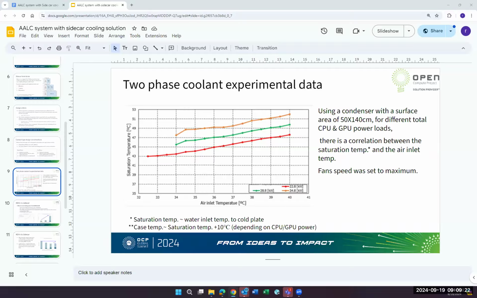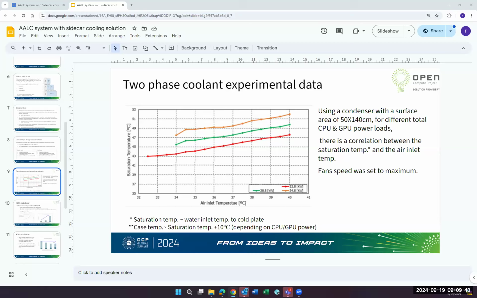But if you needed case temperature to be 40, for example, this is the temperature for the H100 GPUs, then you will need to limit the air temperature input to around 25. This is what this graph is providing in a two-phase.